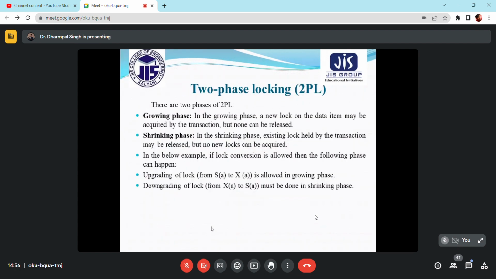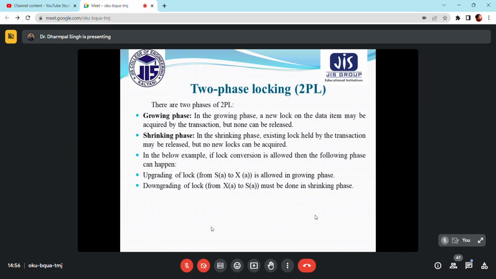Okay. Now this is very important: the two-phase locking protocol. It says that one phase is the growing phase, where new locks on data items may be acquired by a transaction but cannot be released.